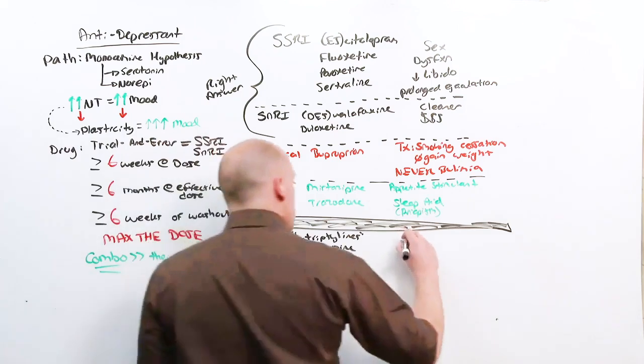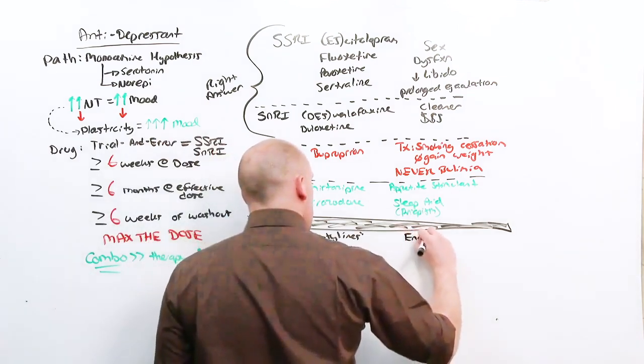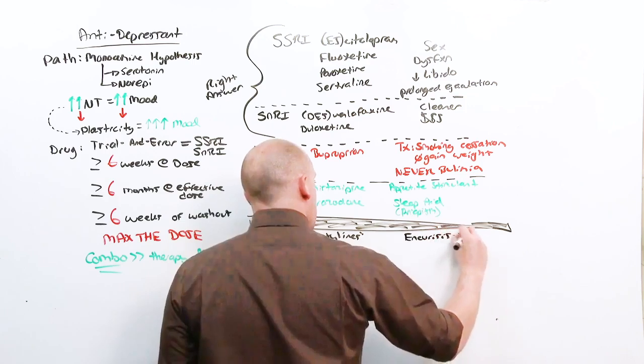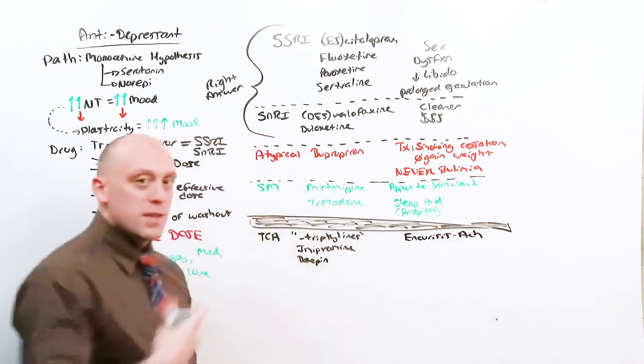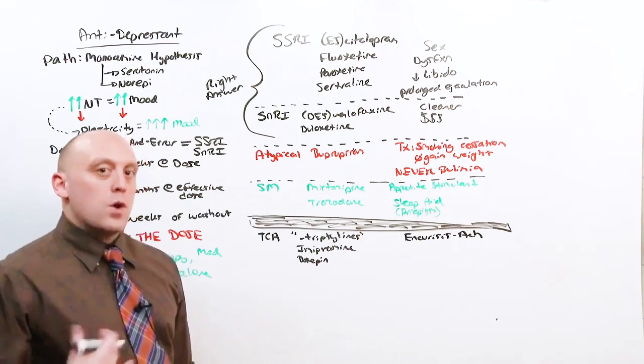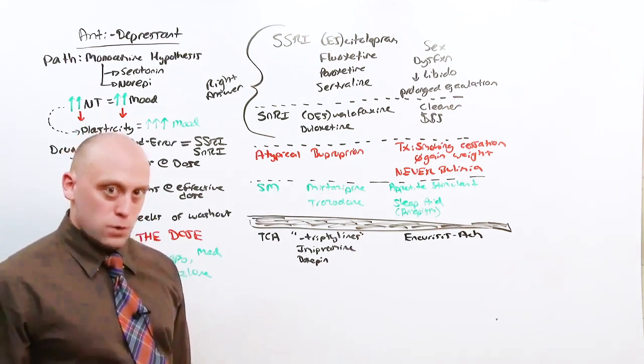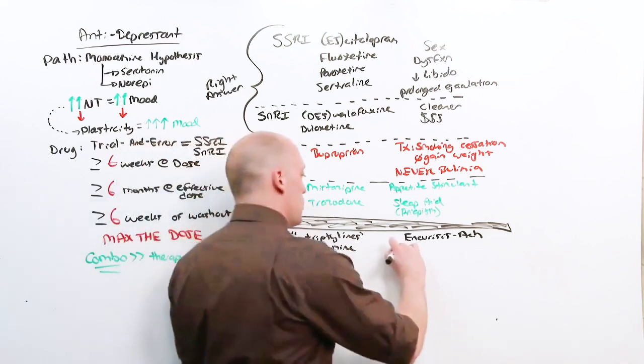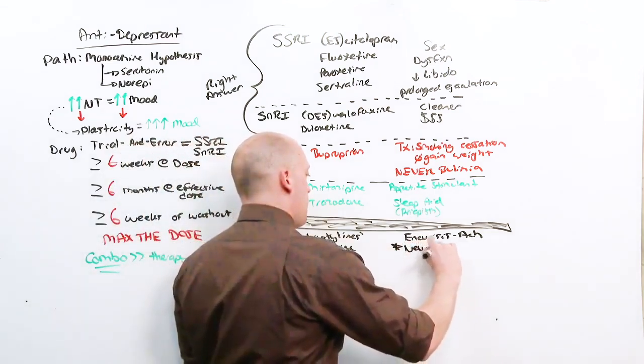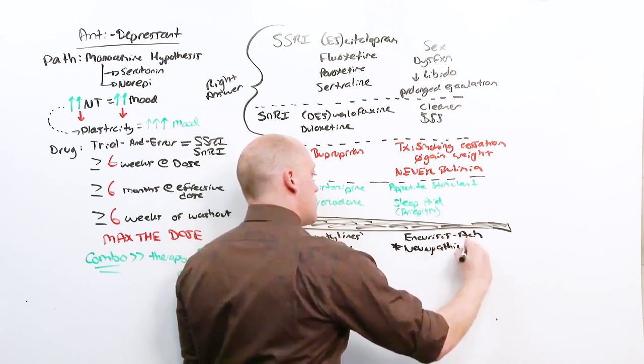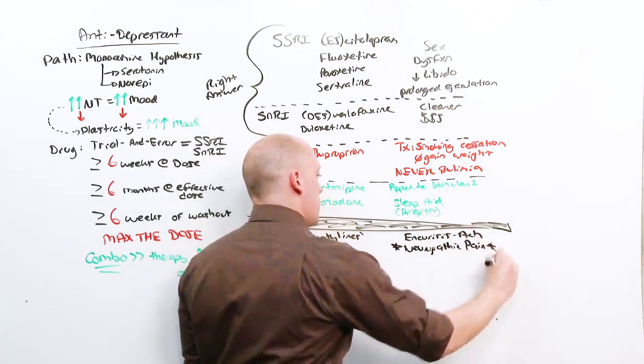We can use these tricyclics to treat enuresis, especially in kids, because the acetylcholine side effects of urinary retention prevent the kid from bedwetting. Where you're going to see tricyclics used the most is in the treatment of neuropathic pain, especially diabetic neuropathy.